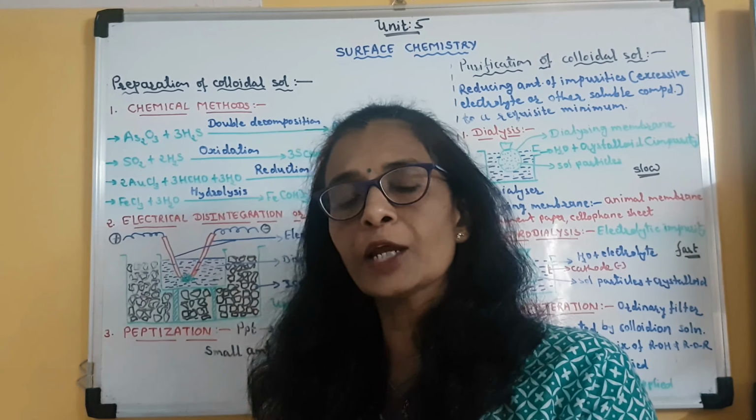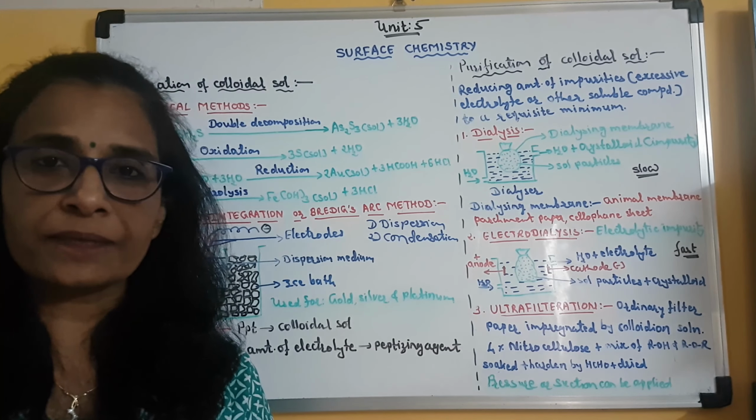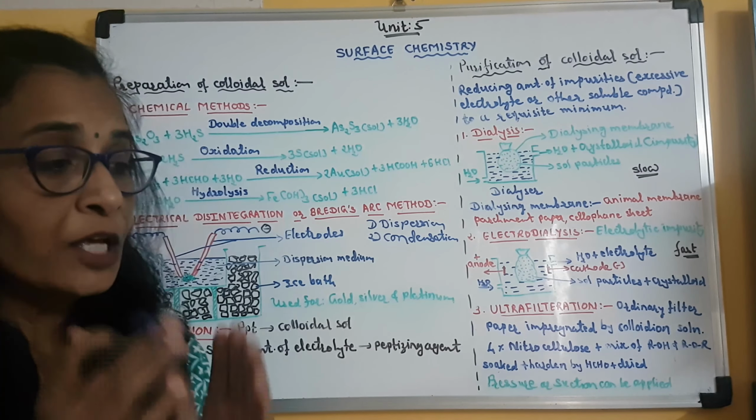This electrolyte is to be taken in a very small amount, so that the colloid which is formed will get stabilized. This electrolyte taken in a small quantity is known as a peptizing agent. So for this technique, the presence of a peptizing agent is a must.